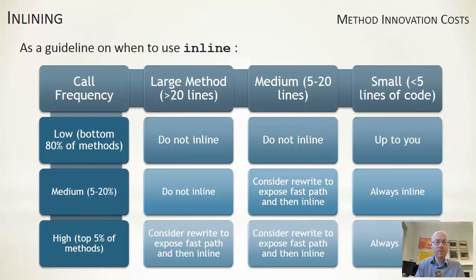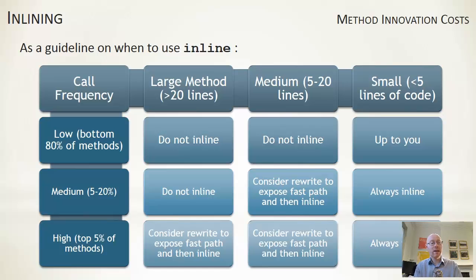If you do have exceptional things, then that maybe gives you a chance to restructure, to rewrite, to break apart that method into things that are on the common path you do most frequently. They can be inlined, and then you have the odd exceptional thing you do once in a while. They can have a method called. Same applies then for medium size. And if it's a small chunk of code and you call it frequently, that's a no-brainer. Always should be inlined.